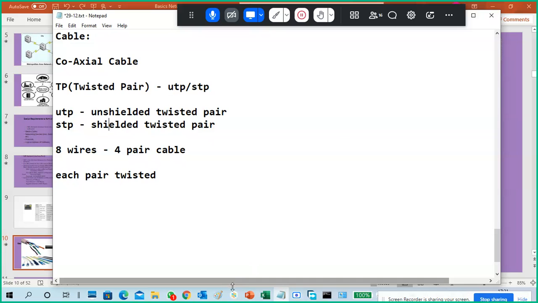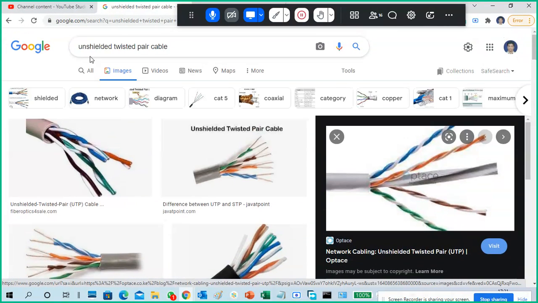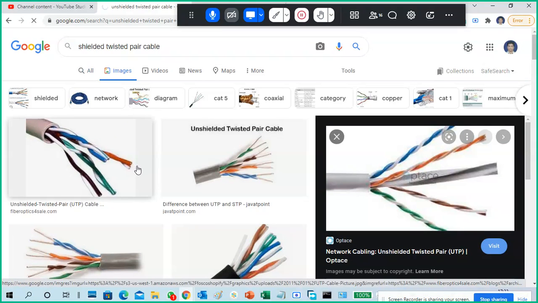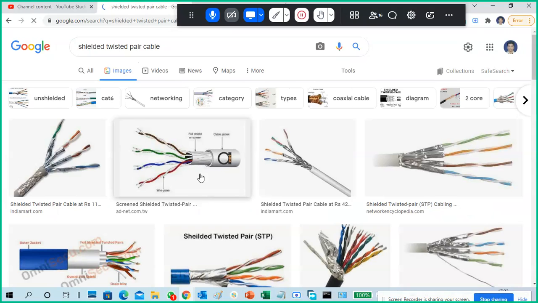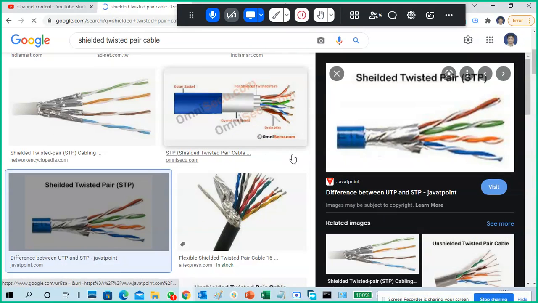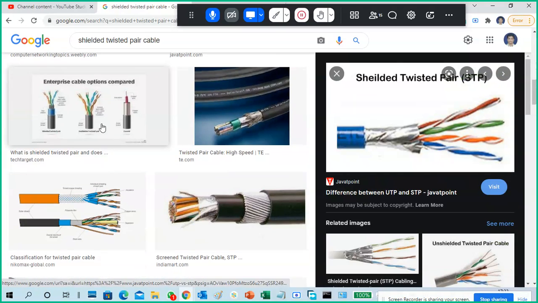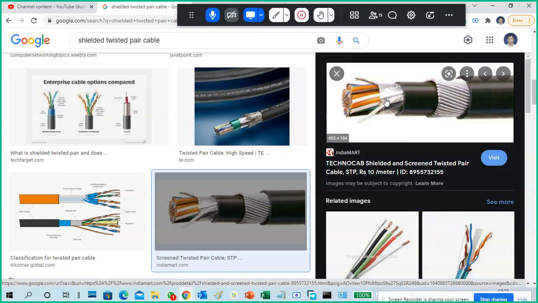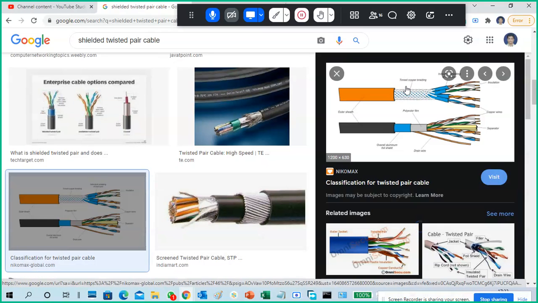Then what is this shielded? Unshielded means it looks like this one. Shielded means like this. Shielded twisted pair cable means, like your coaxial cable, there is a shielding on the total cable like this. It is a different type of cable, but you can see the outer shielding like this. So what is the advantage of this shielding?